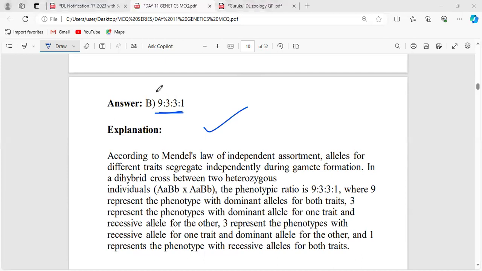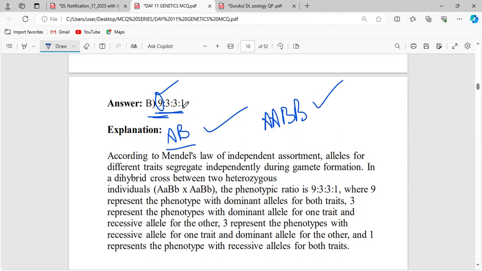That will be 3. This 9 refers to dominant for both the traits, like A, B. And this 1 is for recessive for both the traits.